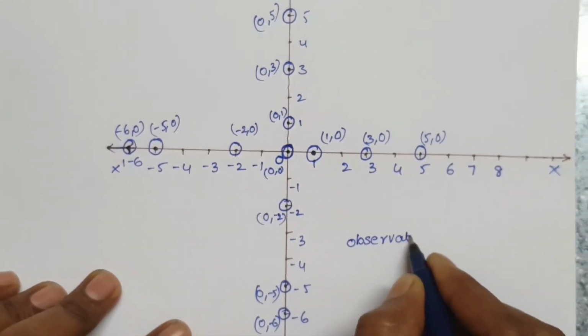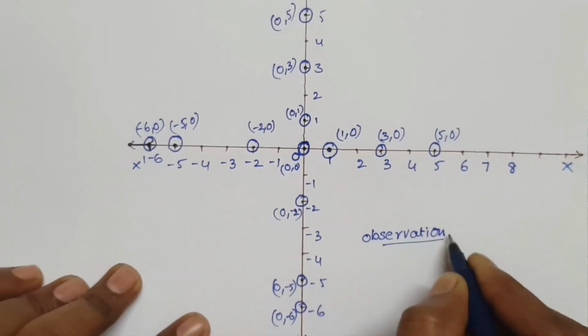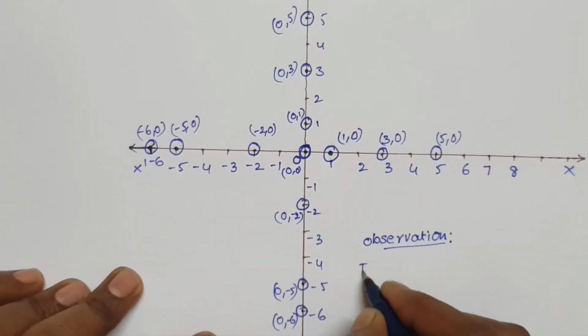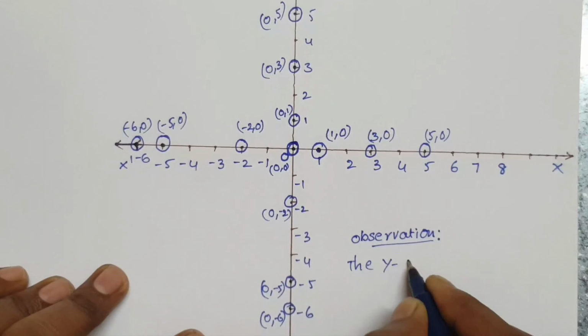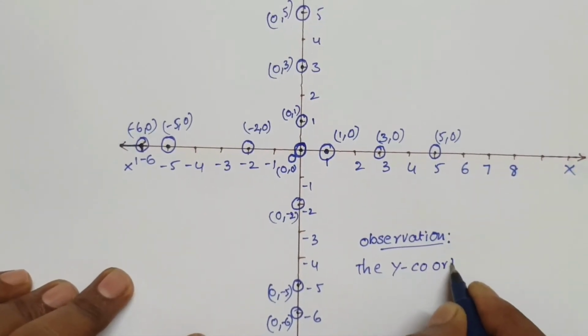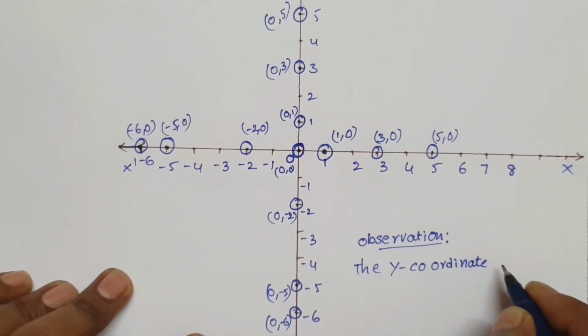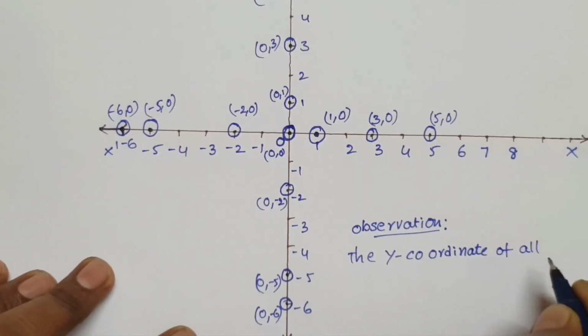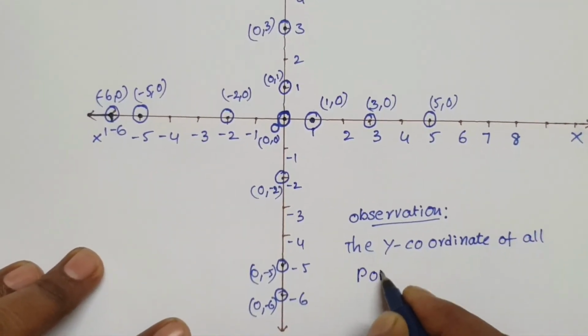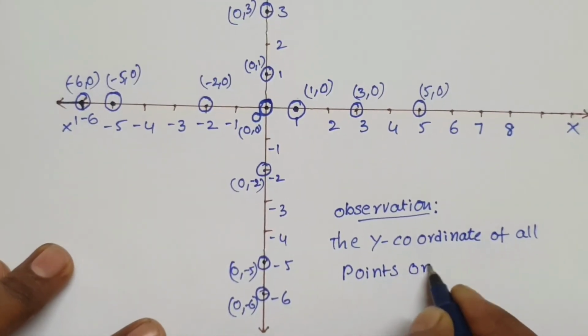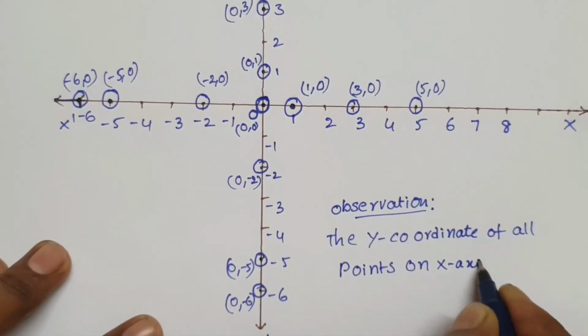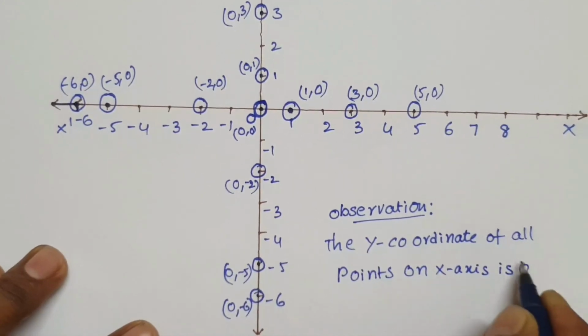So the observation, finally: the y coordinate of all points on the x-axis is 0.